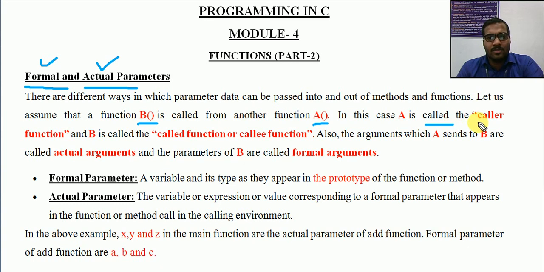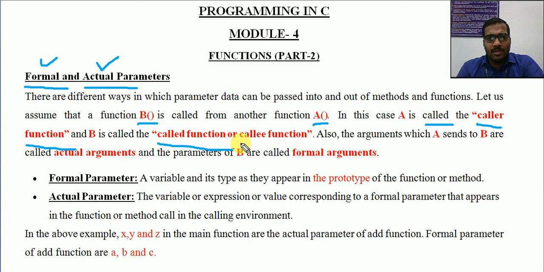A is called the caller function, the one who is making the call, who is calling. And B, which is called inside A, has its body written somewhere else, so B is called the called function, the one I am calling.